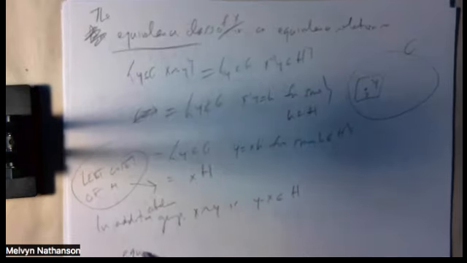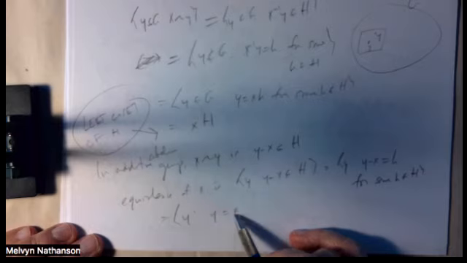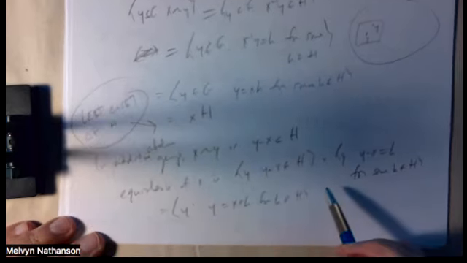And the equivalence class of X is the set of all Y such that Y minus X is in H. This means the set of all Y such that Y minus X is equal to some element little h for some h in the subgroup. This means the set of all Y such that Y is equal to X plus h for h in the subgroup.